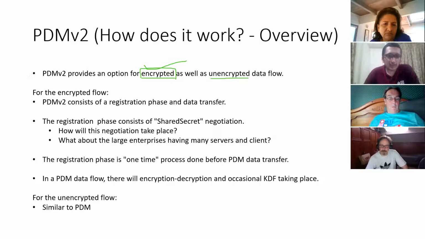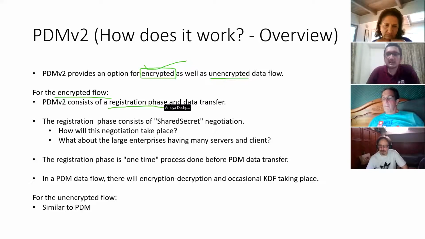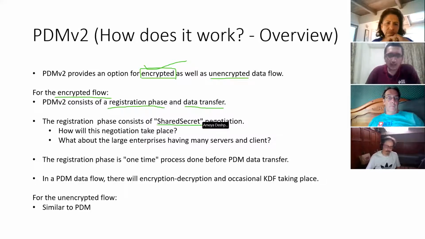I'll talk about encrypted flows now. In encrypted flows, we have two steps. One is the registration phase, and the next is the data transfer. The registration phase is a one-time process, and if we consider a one server, one client situation, it is basically a shared secret negotiation.